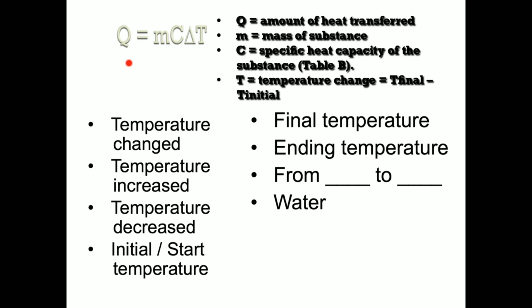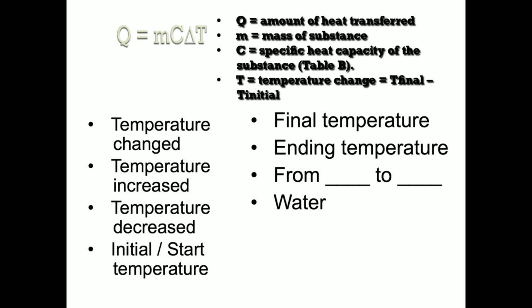Here we can see the Q equals mc delta T equation and what each variable stands for. Remember that the delta sign means change of. It typically measures the second temperature minus the first temperature. We will note to use these equations when the temperature is changing.